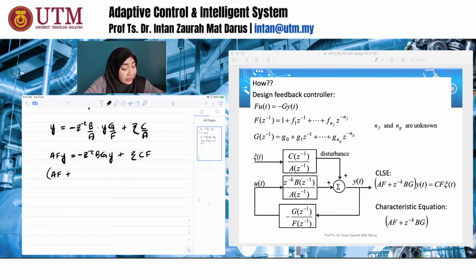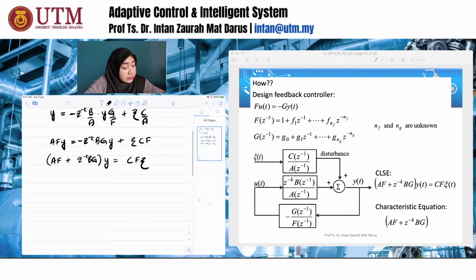When I add that together, it becomes positive. AF plus z^-k BG, that's your y, is equivalent to your CF with the zeta value there. So you're going to get y equals CF divided by AF plus z^-k BG, multiplied by your zeta. So that is your equation.